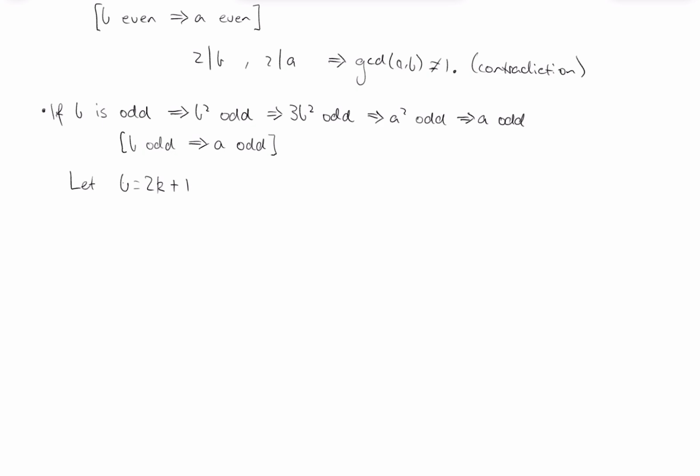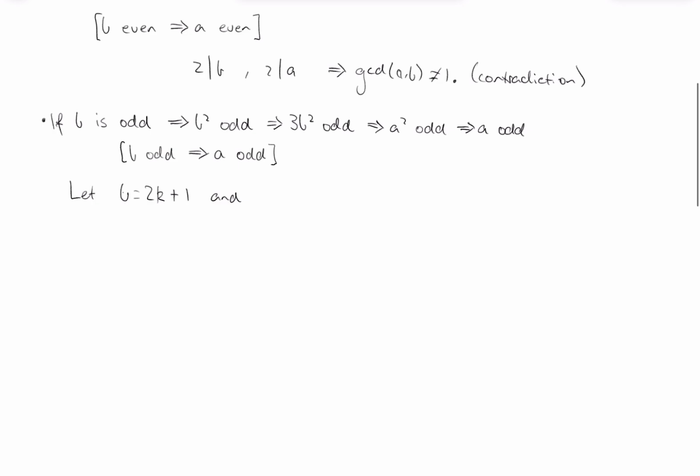So this is even, and if k is an integer and you add 1, it guarantees that b remains odd. So let b equal 2k plus 1, and let's say a equals 2j plus 1, where k and j are both just integers.